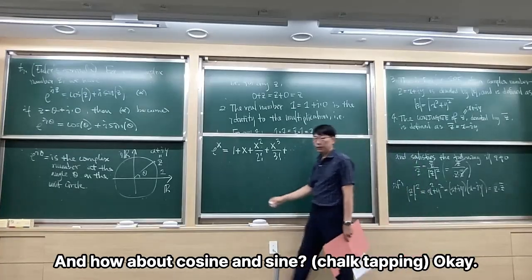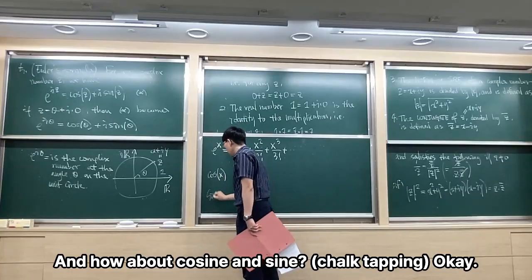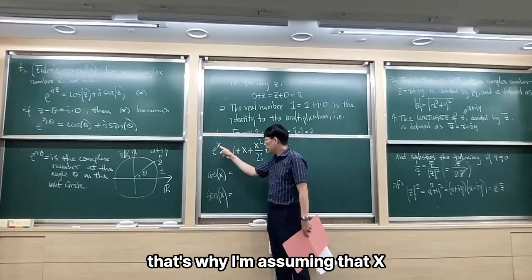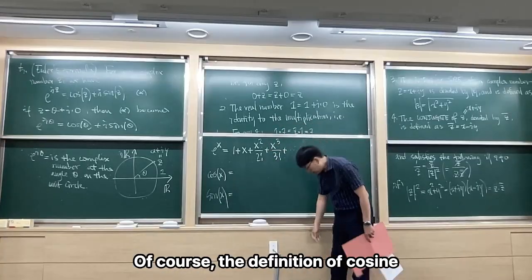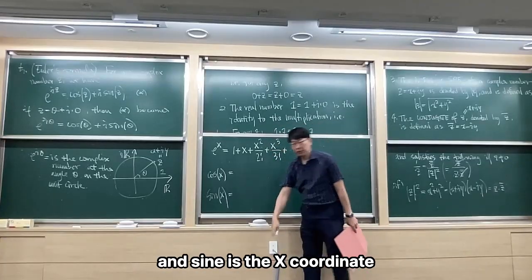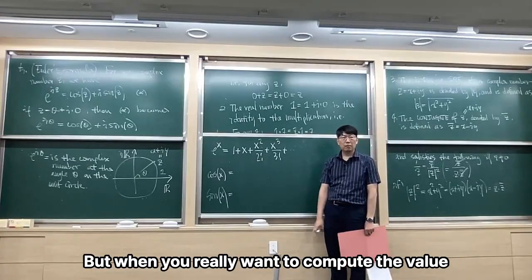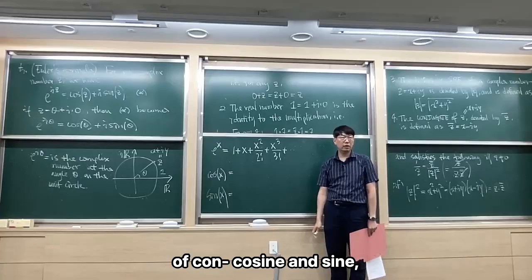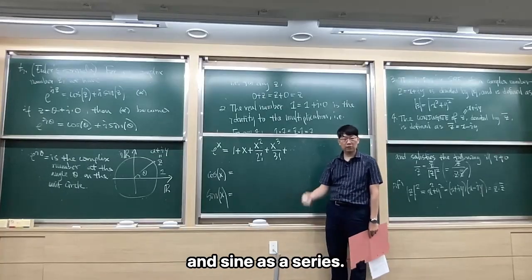And how about cosine and sine? So I'm assuming that x is a real number for now. Of course, the definition of cosine and sine is the x coordinate and y coordinate of a point on the unit circle. But when you really want to compute the value of cosine and sine, you need a series. So you can also define cosine and sine as a series.